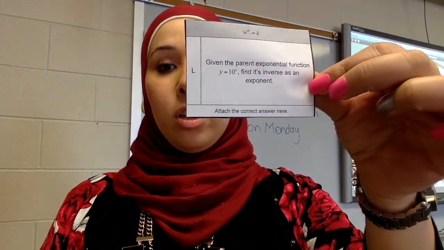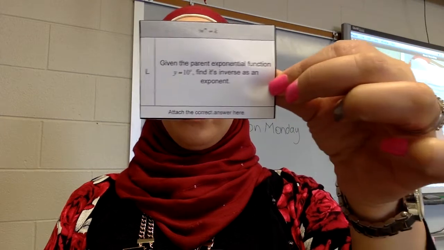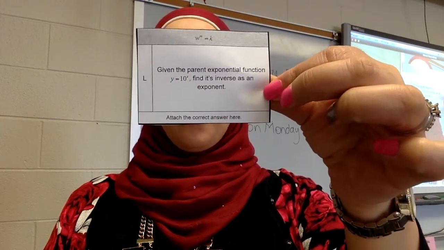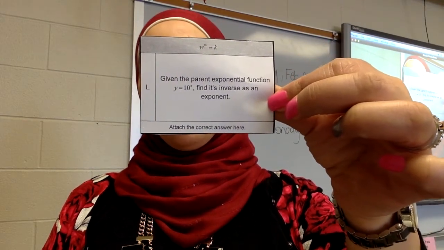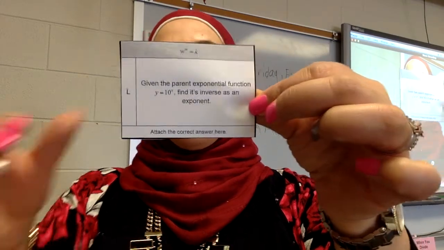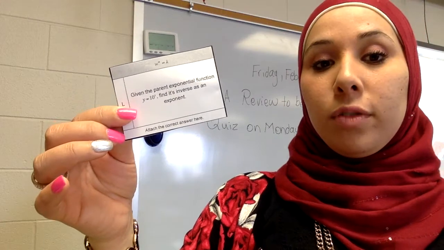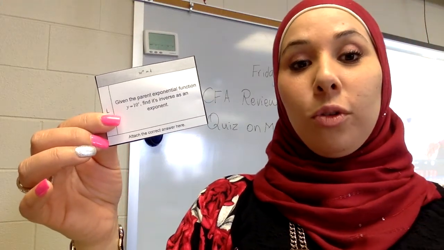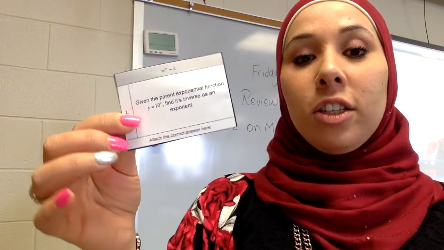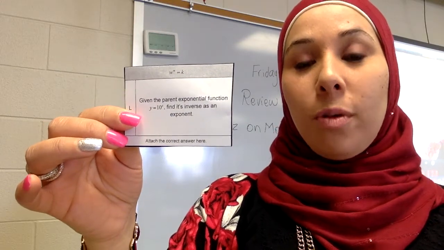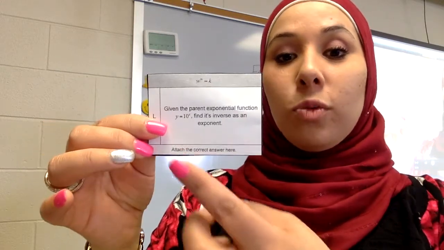Given the parent exponential function, find its inverse as an exponent. Basically what they want you to do is the first step of the inverse function. And how do you do that? You flip the x and the y. So the answer is going to be x equals 10 to the power y. They just want it as an exponent.